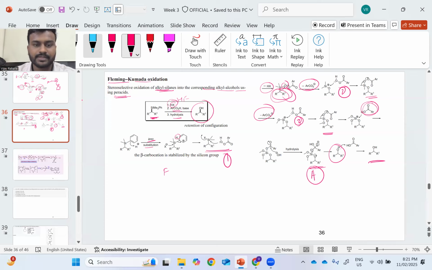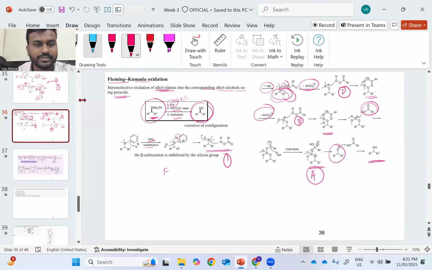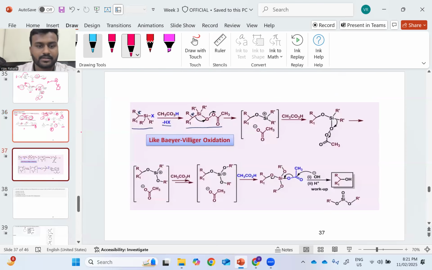This is the HF, per acids and its hydrolysis. It converts the alkyl silane to the corresponding alcohol, and the geometry will remain the same. So this was the Fleming-Kumada oxidation, and you can use the same mechanism given here to remember and solve the question, right?